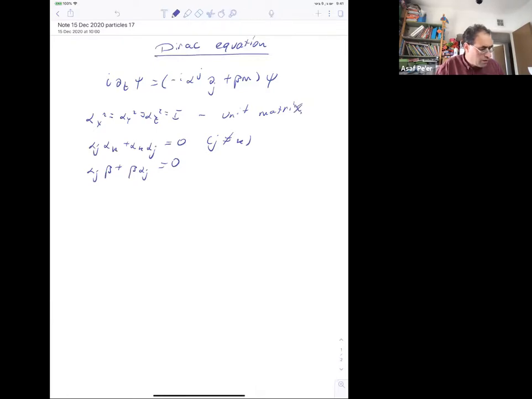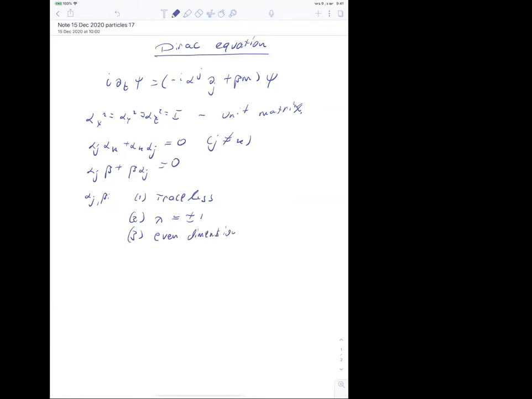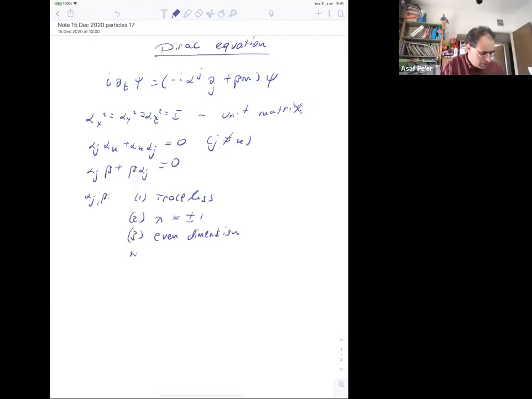Now we showed that alpha and beta have several properties. They are traceless, their eigenvalues are lambda equals plus or minus 1, they have an even dimension, and we said that they are Hermitian.